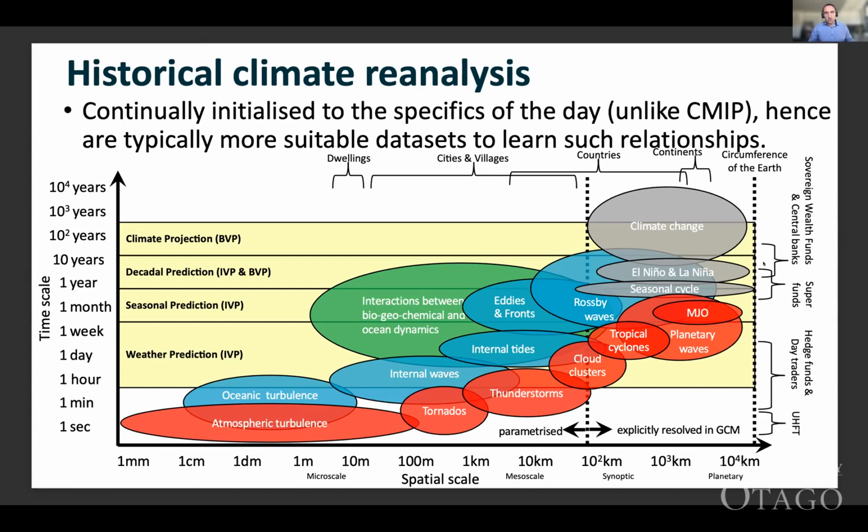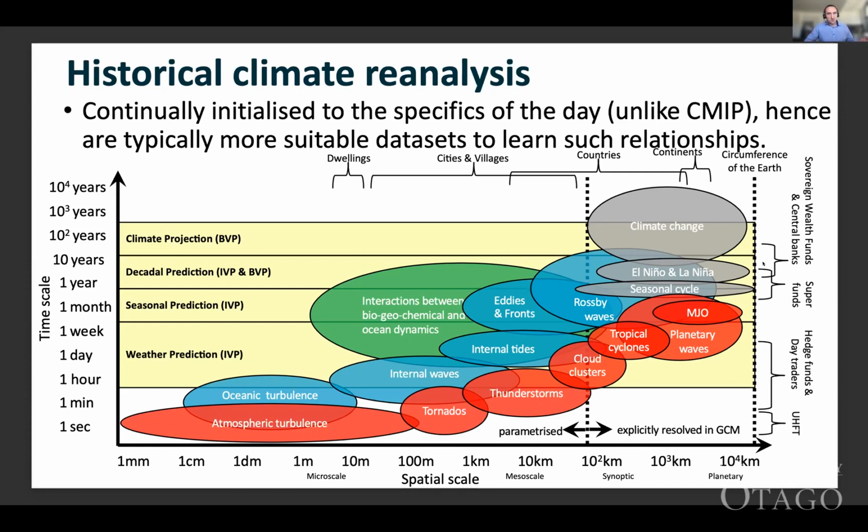CMIP models do not do this. CMIP models are not initialized in any particular way. They're designed so that we can understand the response of the climate to various different economic scenarios into the future. They're not necessarily the appropriate data sets to learn historical relationships from. Climate reanalyses are the more appropriate ones in that regard.